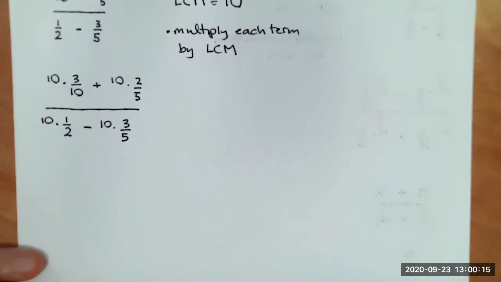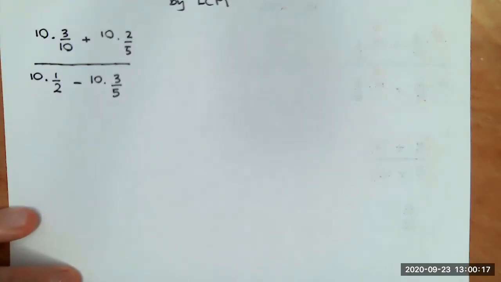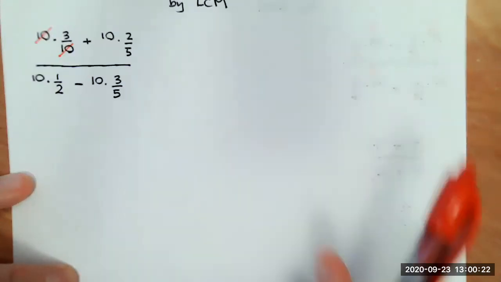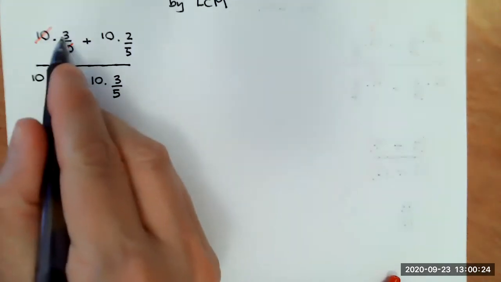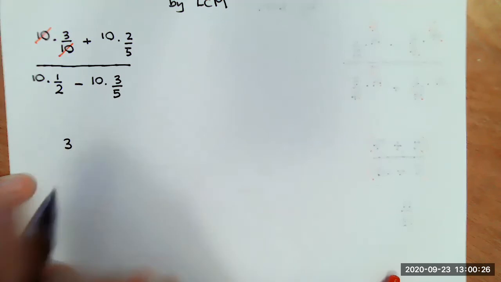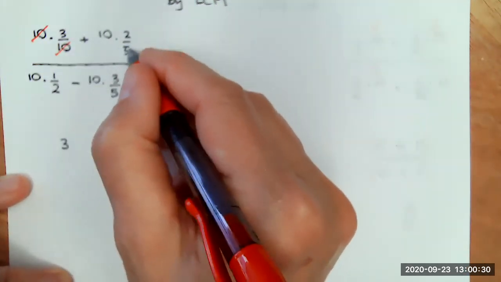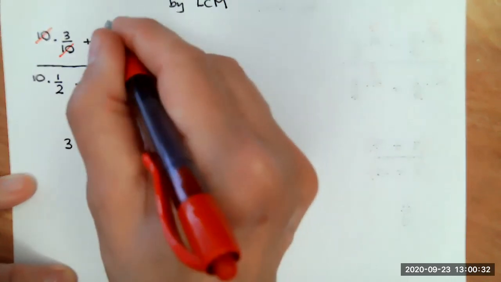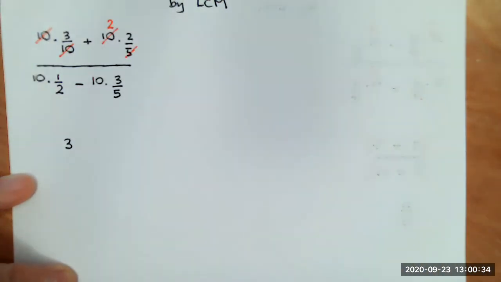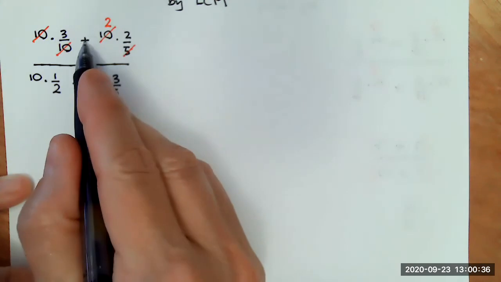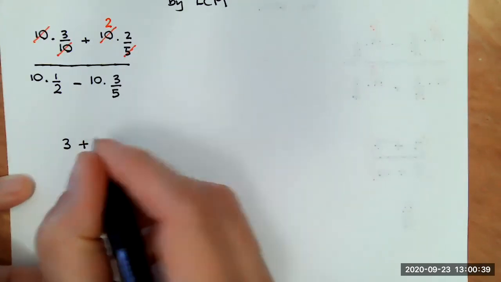All right, now we want to reduce. 10 over 10 is equal to 1. 1 times 3 is 3. 5 goes into 10 2 times. So we bring down this plus.